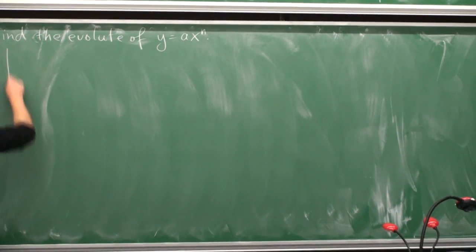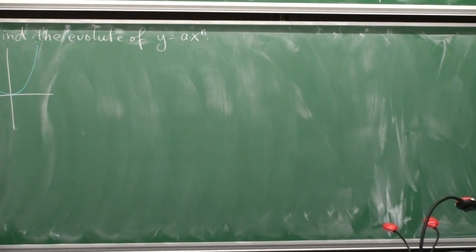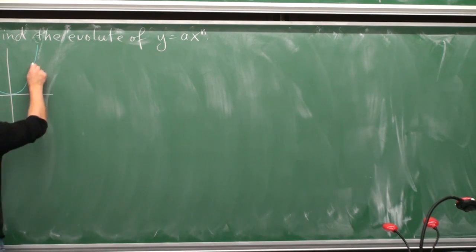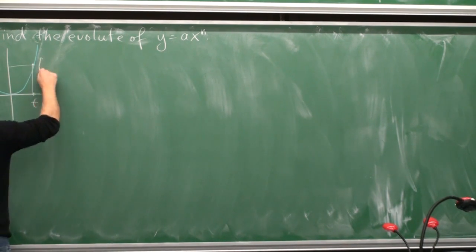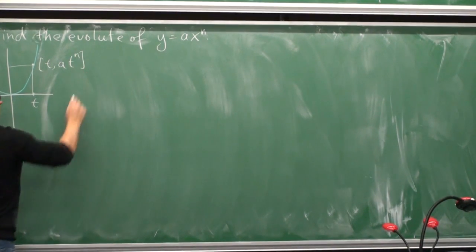All right, so we'll do a quick diagram. Function, typically something like this. And of course, the parameterization is easy enough to cook up. We can say let that be t, and then that will be the point t, comma, a t to the n.